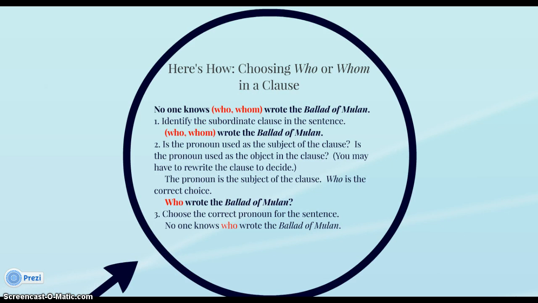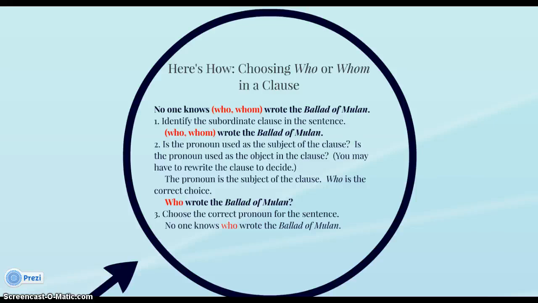No one knows who wrote the Ballad of Mulan, or no one knows whom wrote the Ballad of Mulan. First thing to do is identify the subordinate clause in the sentence, which is who or whom wrote the Ballad of Mulan. Then you want to ask the question, is the pronoun used as the subject? Is the pronoun used as the object?